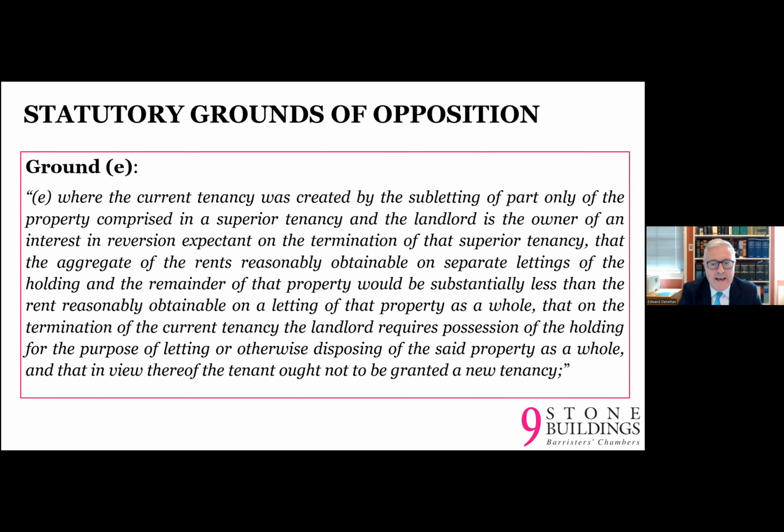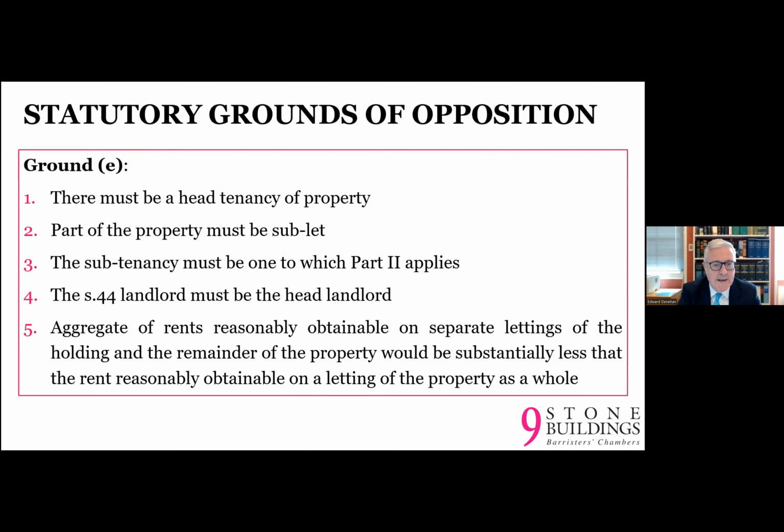Now, this is ground E. I'm not going to read that out because I'll just bumble and stumble. Indeed, in the Betty's Cafe case, counsel submitted to their lordships that ground E was unintelligible, and certainly Viscount Simmonds didn't demur from that. But what I've done to try and make it more palatable for me, quite apart from anybody else, is to deconstruct it in this way.